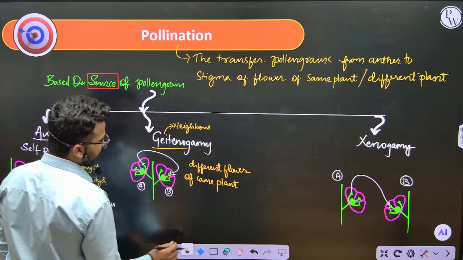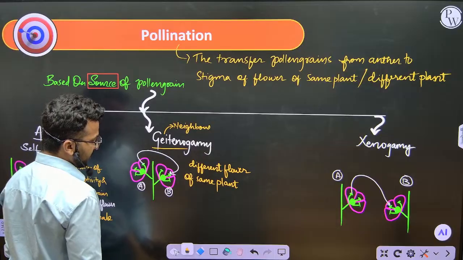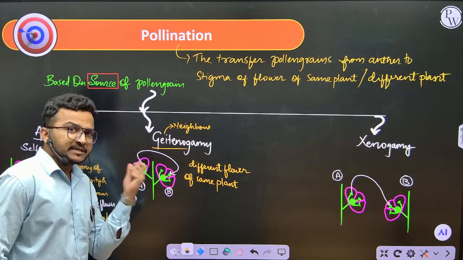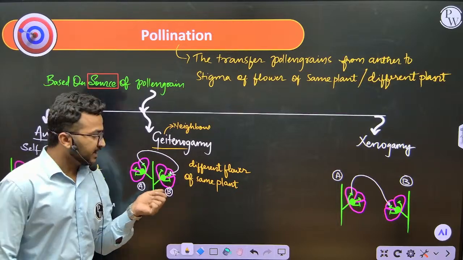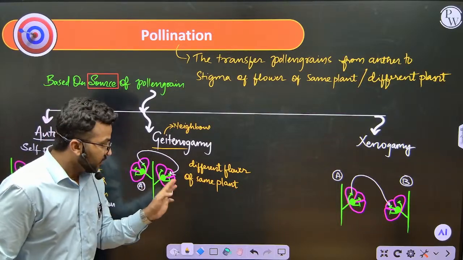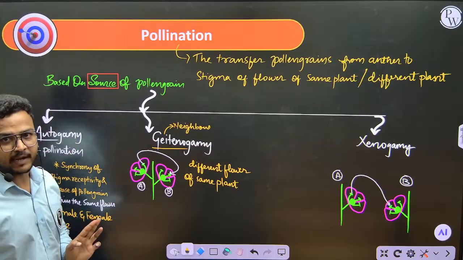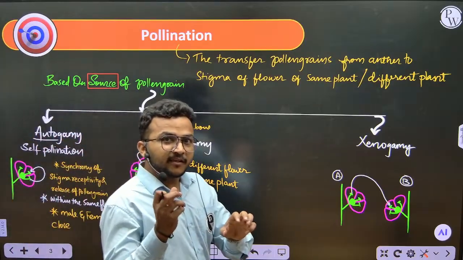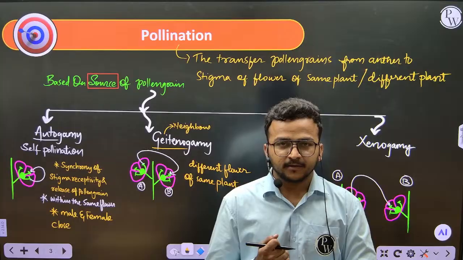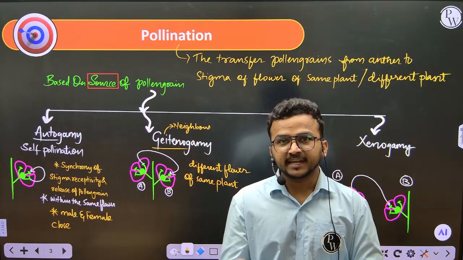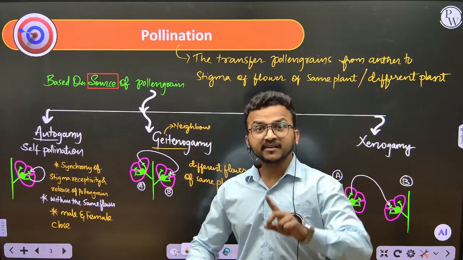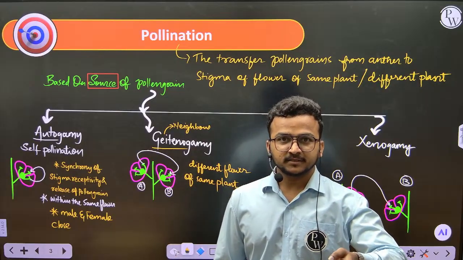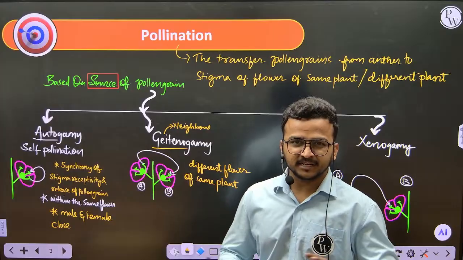That we will be seeing in the geitonogamous flower. And there is a special thing here. Even though it is occurring in the same plant, isn't it? So when it is occurring in the same plant, it is kind of self-pollination. You might be confused about what is genetically and functionally.